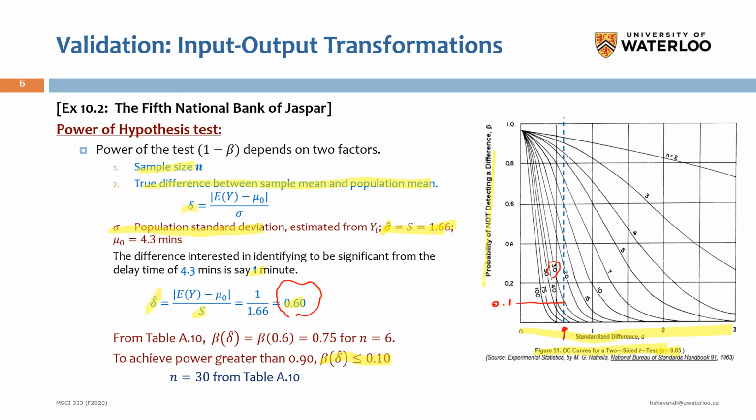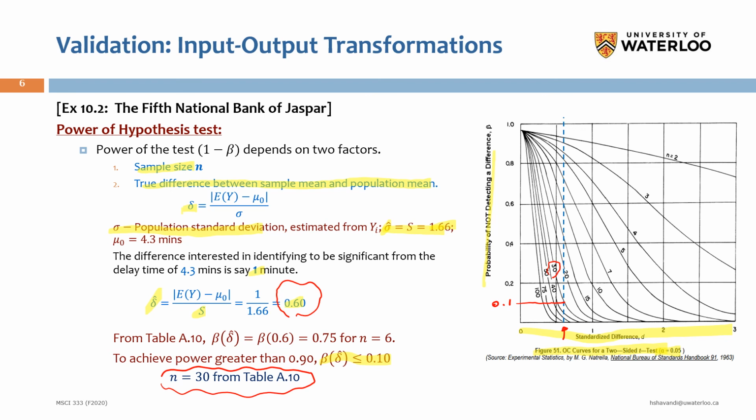So for our example, if we want to have our hypothesis test with a power of 90%, then we need more sample data. Now we have 6, but it's not enough. We need to have 30 replications.